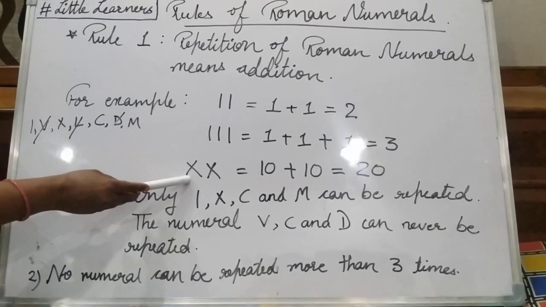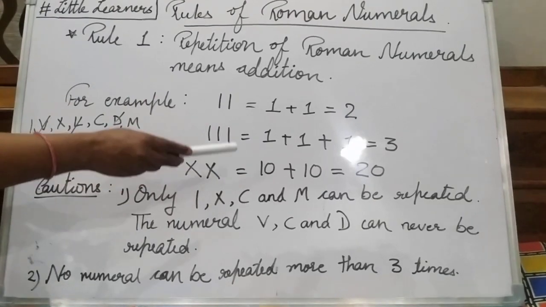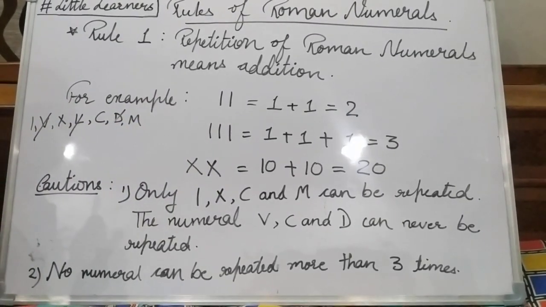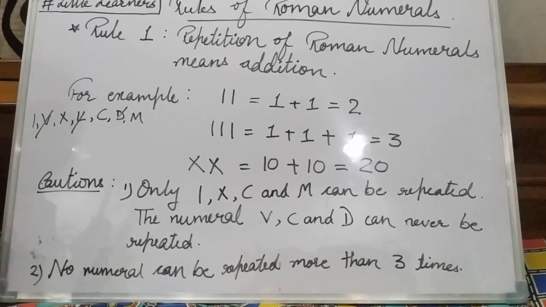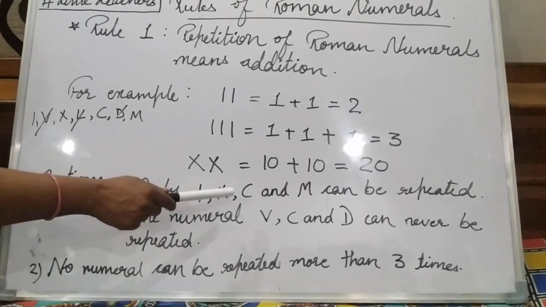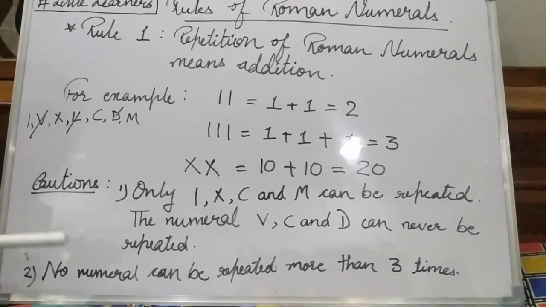Next example is XX. XX means 10 plus 10, that is 20. But we have to take care also. I told you there are 7 basic symbols of Roman numbers, but only 4 can be repeated, which are I, X, C and M. Only these 4 basic symbols we can repeat.